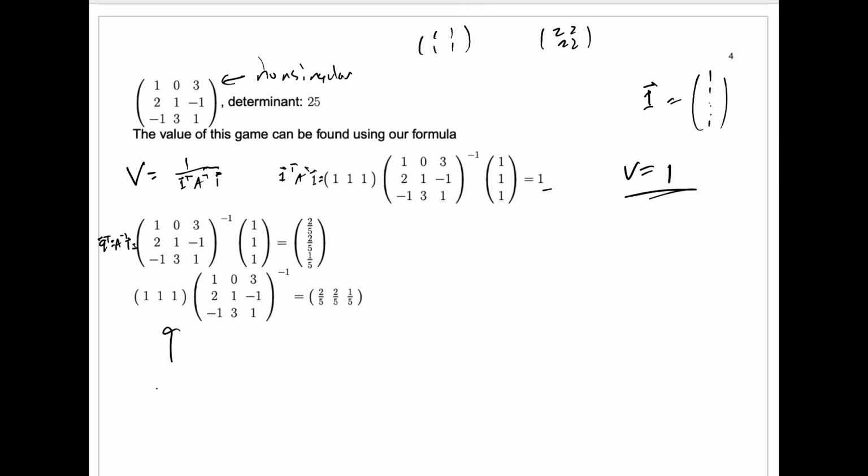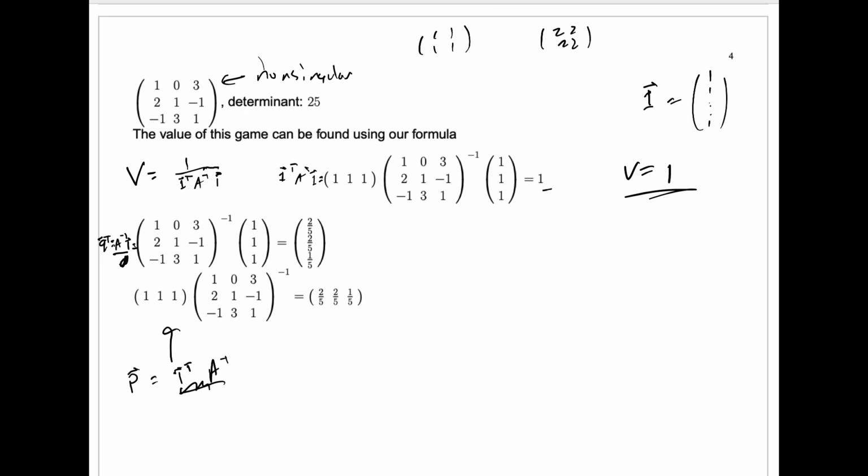Similarly here, we just have our optimal strategy for player 1 was the vector 1 transpose times A inverse. Oh, and I should have said this was all multiplied by the value.